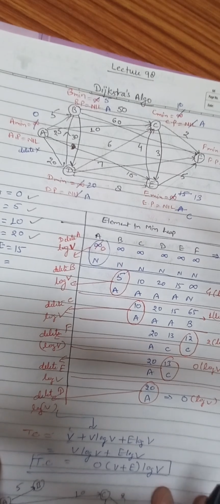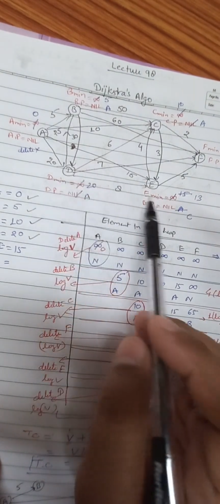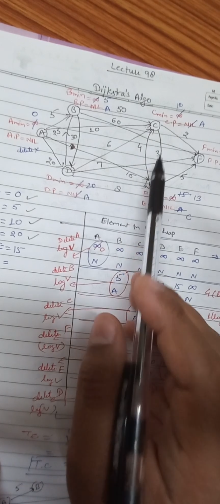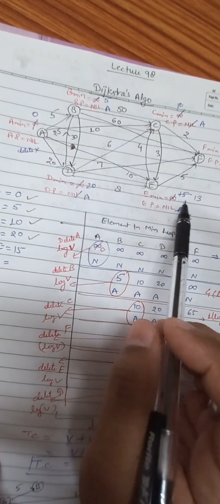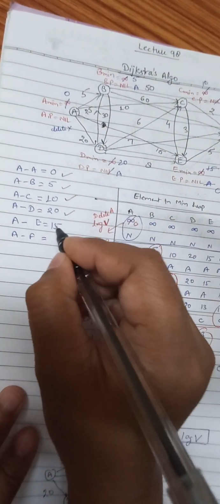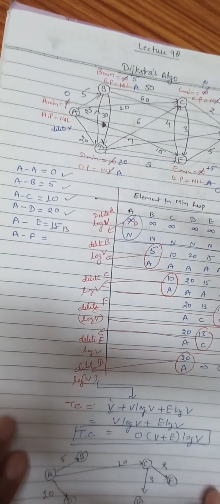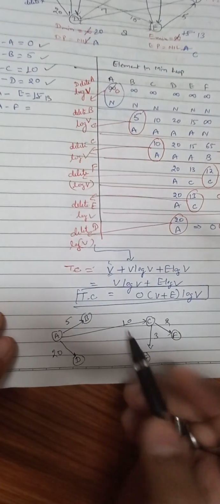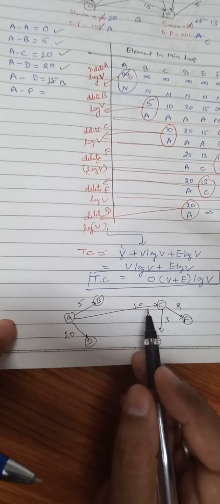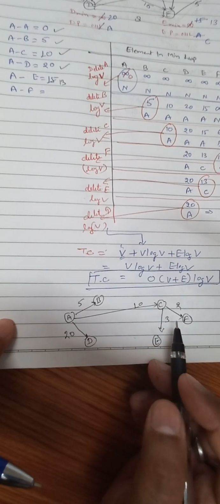But A to E, initially A to E was 15, but we have taken from C to E, so 10 plus 3 is 13. So for A to E, instead of 15, now it is 13. So we can say A to C and C to E is 13, right? And A to C and C to F, it is 12.